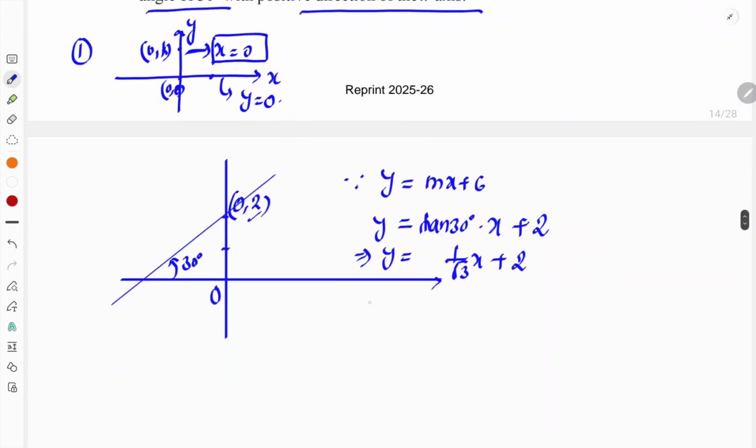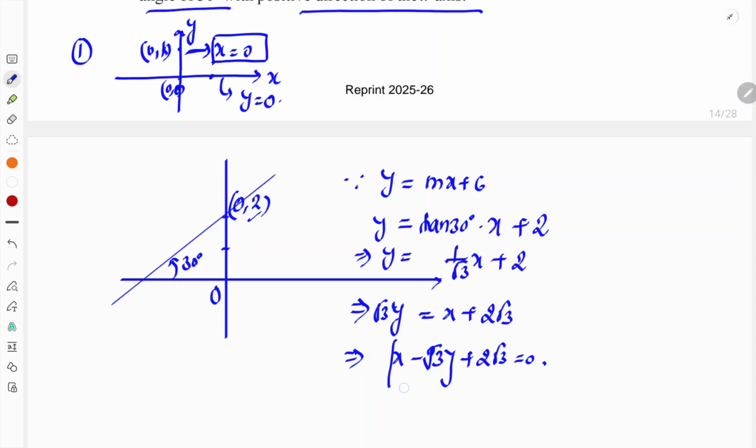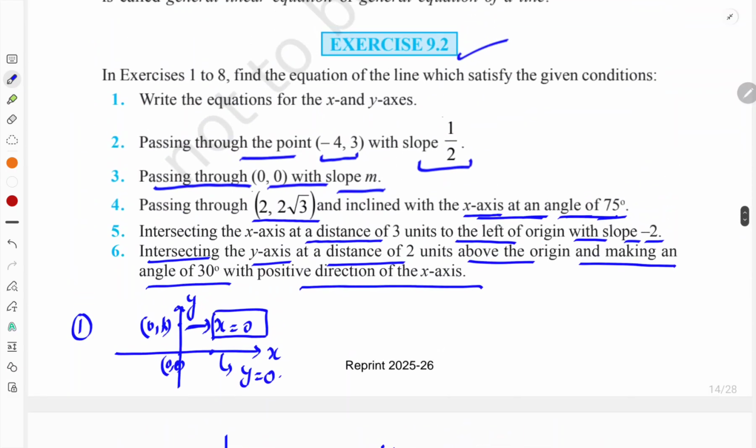Multiply by root 3 on all sides: root 3 y equals x plus 2 root 3. Take y to that side, so x minus root 3 y plus 2 root 3 is equal to 0. So this is the answer.